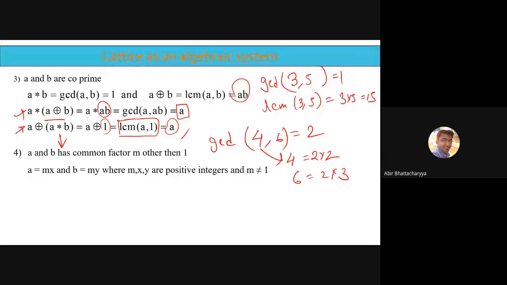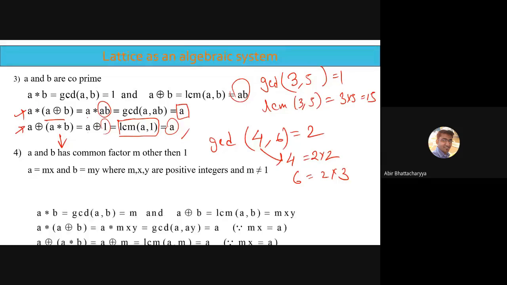So we can write 4 equals 2x and 6 equals 2y, where x equals 2 and y equals 3 in that example. So A equals mx and B equals my, where m, x, y are all positive integers and m is not equal to 1.